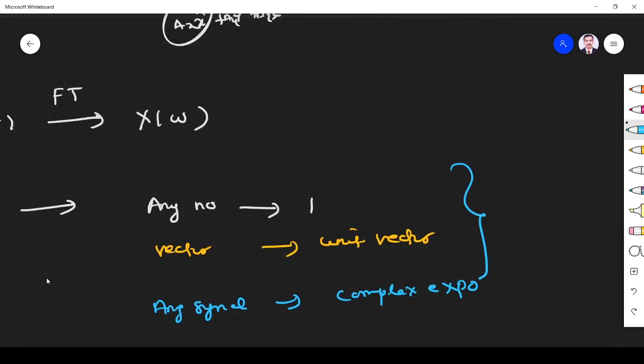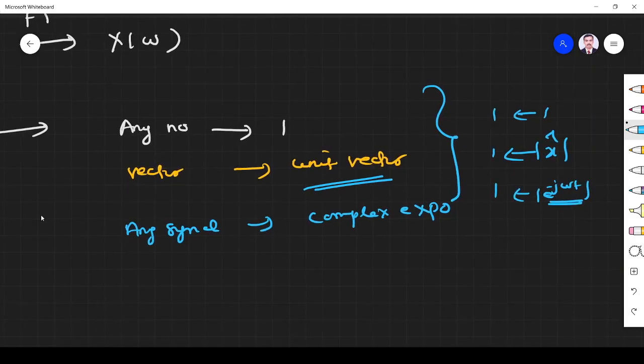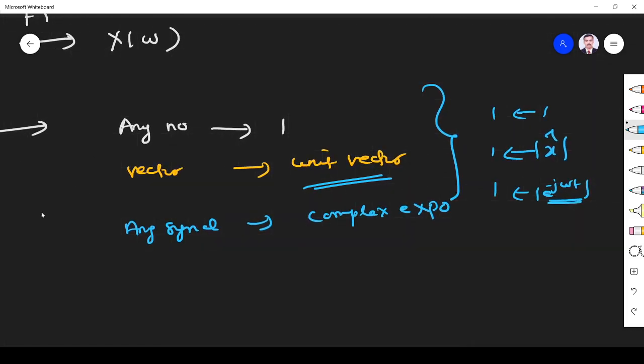The magnitude of all of them is 1. Mod x cap is 1, so the magnitude is 1; that's why it is called a unit vector. Mod e power j omega t, the complex exponential, whether it is plus or minus, the magnitude of a complex exponential is always 1. So this is a very, very important point, right? I hope you understand how the Fourier transform gives the frequency content of the signal.